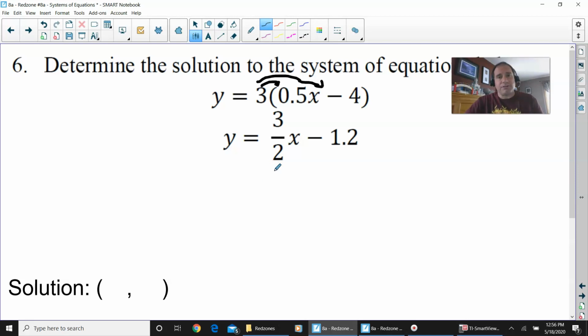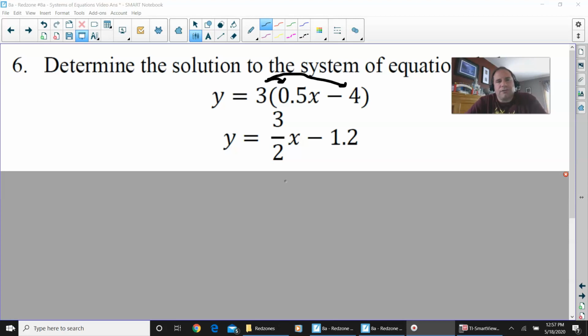Once you're finished, you can substitute your x in one of the equations, solve for y, and get the solution. Go ahead, try this problem right now. You could press pause now.